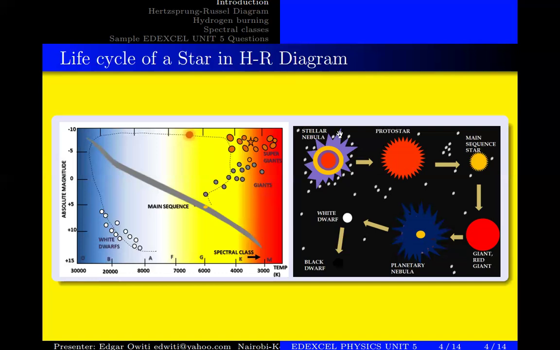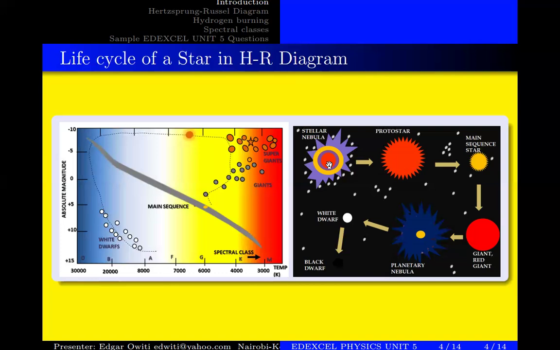On the right hand side, the first stage is the birth of a star. The birth of a star basically means how the star comes into being. A star is, for example, our sun. The beginning of life of a star starts with a collection of hydrogen atoms in space.